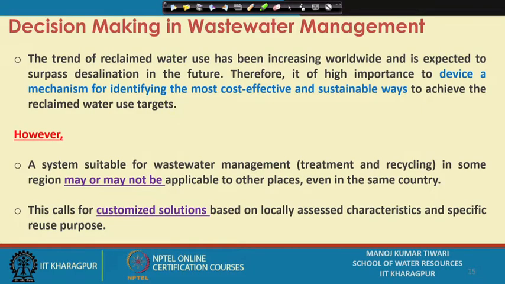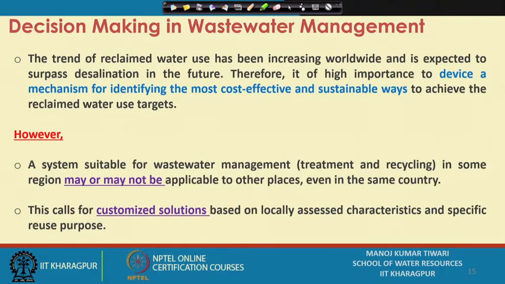If we see the trend, reclaimed water use has been increasing worldwide and is expected to surpass the desalination fraction in the future. Right now, the contribution of desalination to water supplies is higher as opposed to wastewater recycling, but by 2030 or so people estimate that recycling will overtake desalination.